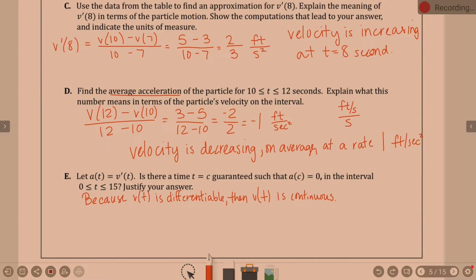And I'm going to show what we found up above, that v of 10 minus v of 7 over 10 minus 7 ended up being what? 2/3. And v of 12 minus v of 10 over 12 minus 10 ended up being -1, I believe. There we go. And we can acknowledge that 2/3 is positive, so it's greater than 0. -1 is negative, so it's less than 0.